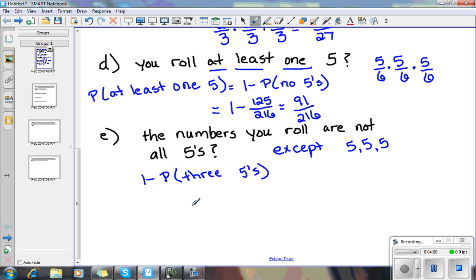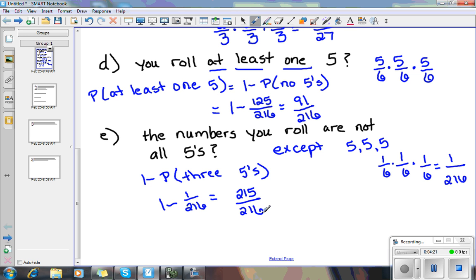The probability of getting 3 5s is 1 out of 6 times 1 out of 6 times 1 out of 6. So that was 1 out of 216. So then 1 minus that probability, we have 215 out of 216.